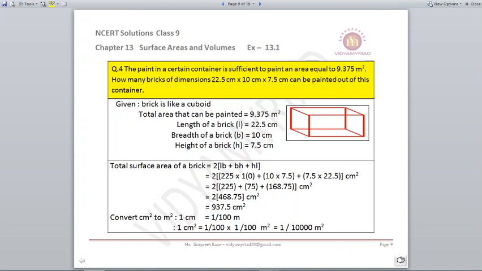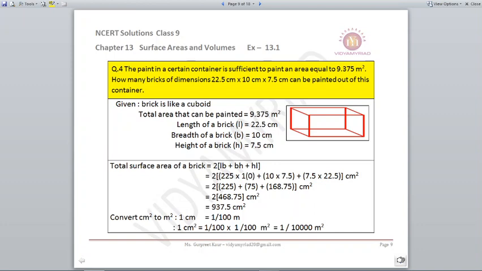So what I need to do is, I will be finding the total surface area of the brick, because all the sides will be painted. So using the formula 2 into (LB plus BH plus HL), put the values of length, breadth and height. You get your answer as 937.5 centimeter square. Be careful here, it is centimeter square.